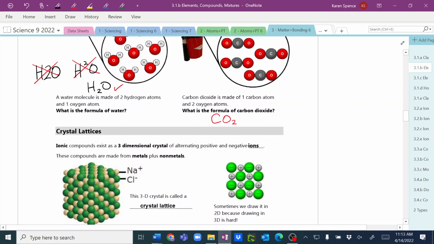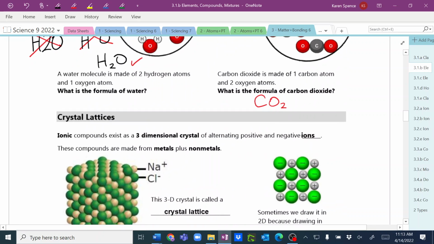And now for something completely different. This is a crystal lattice, okay? This is what ionic compounds do, and ionic compounds are between metals and nonmetals.